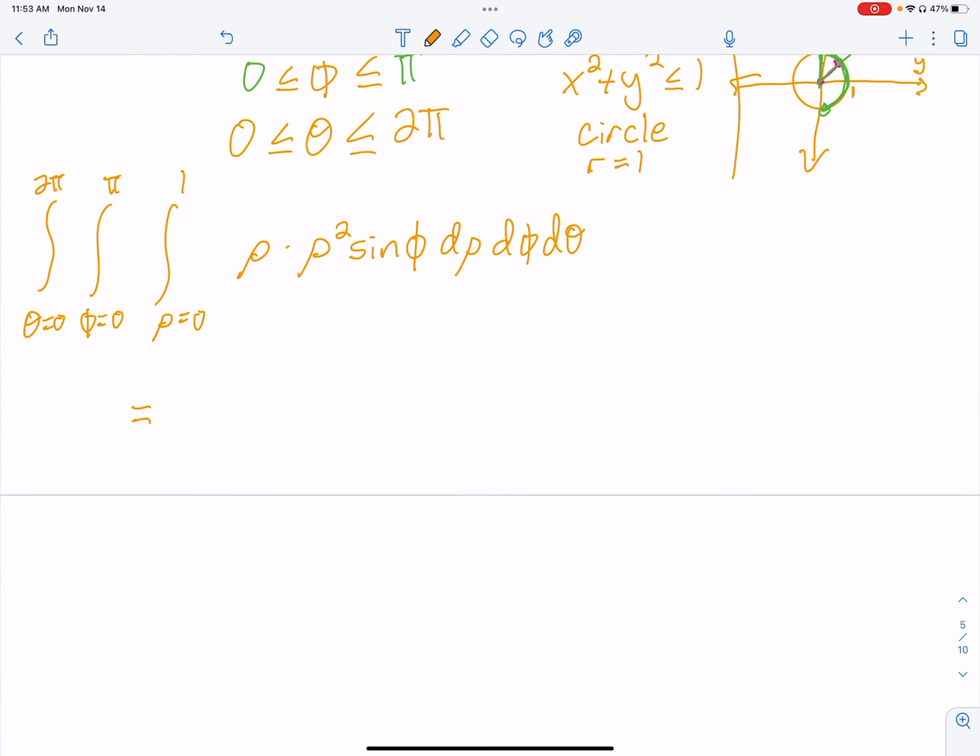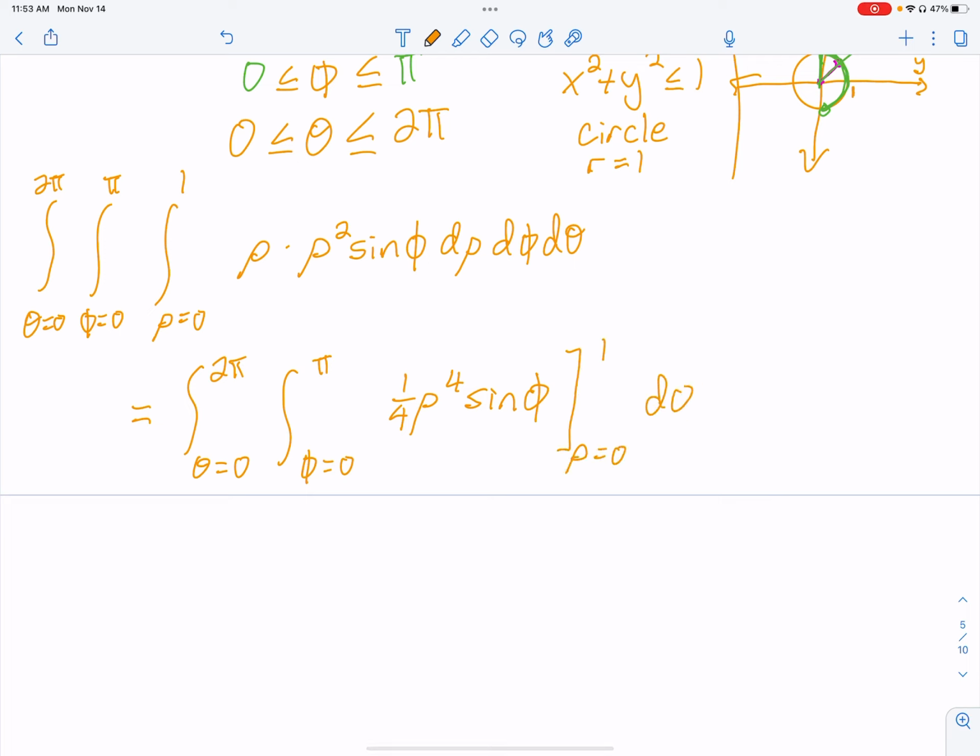So we've got our rho first. I'm not going to rewrite the whole thing. That is just rho cubed. I'll rewrite my bounds for the other ones. And then this is going to be 1/4 rho to the fourth, sine phi, with rho from 0 to 1.